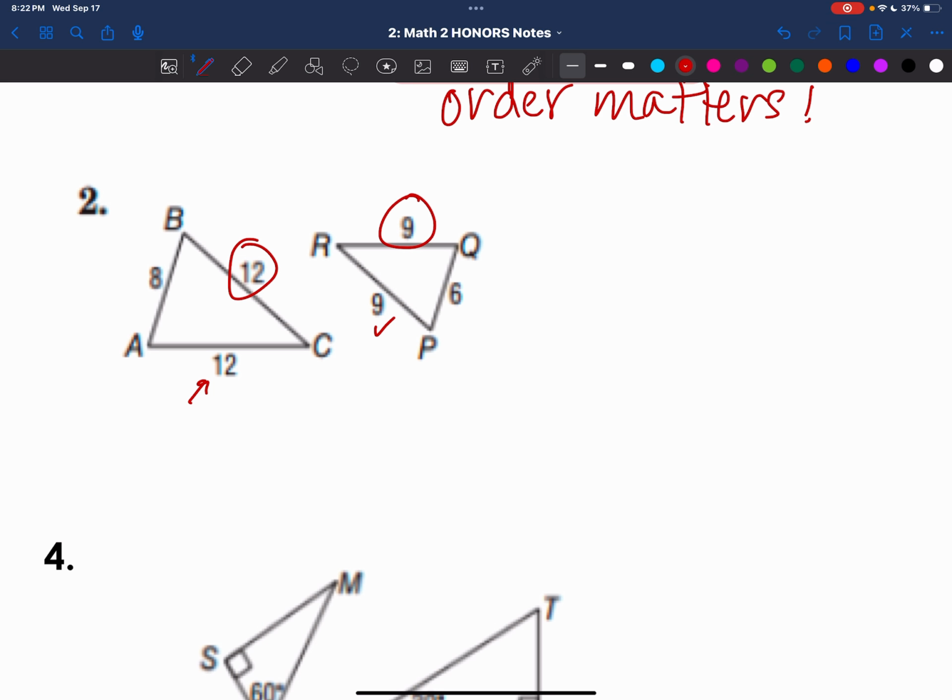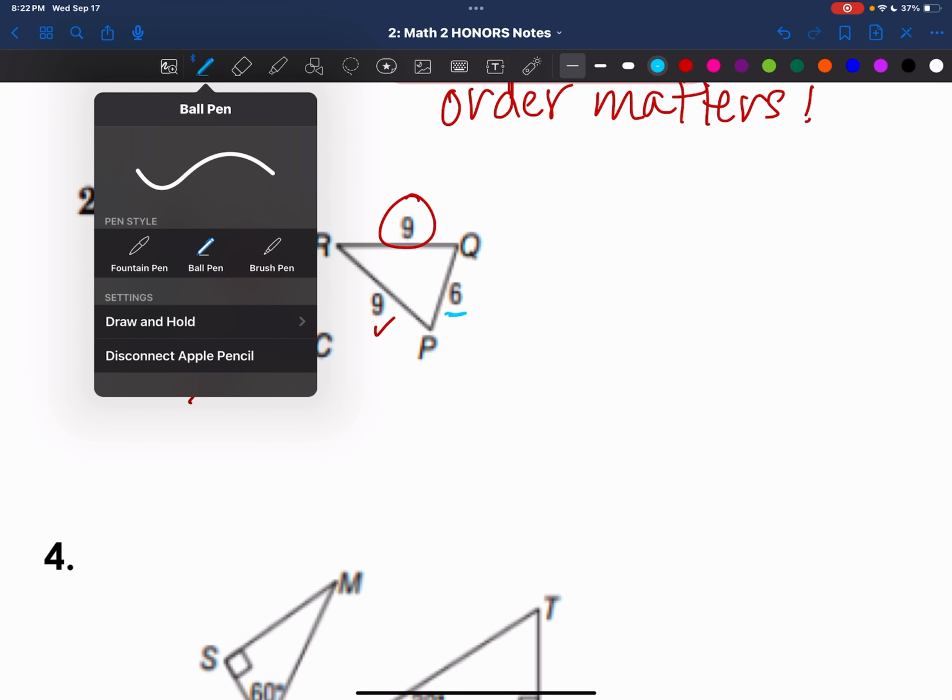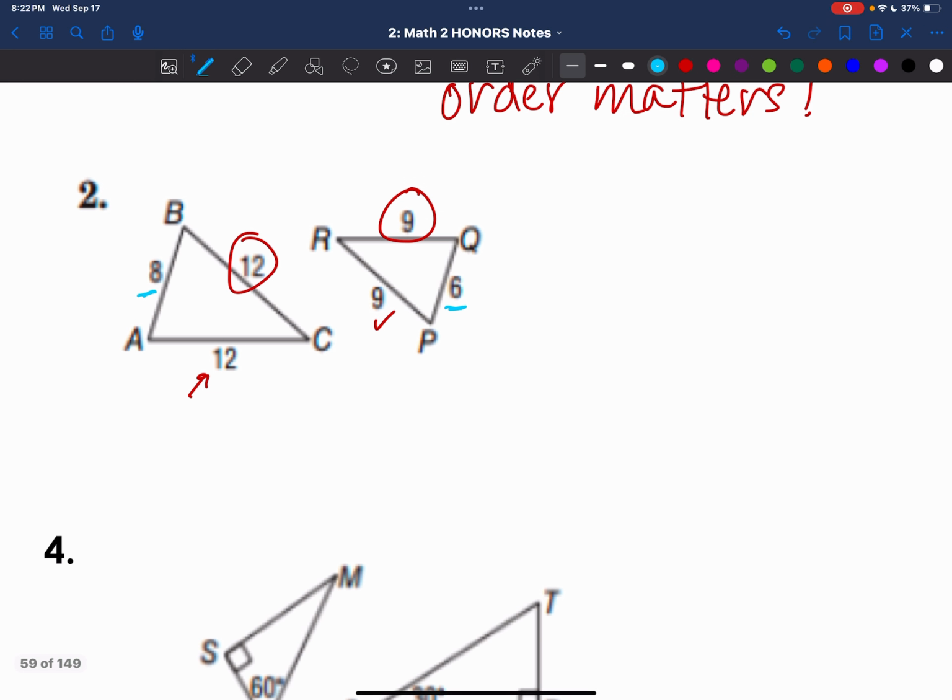So however you choose to do it, but then I definitely know 8 and 6 have to go together since they are different. So if you were to go 12 over 9, I want to know, is that the same as 8 over 6? So if it is, it's similar.